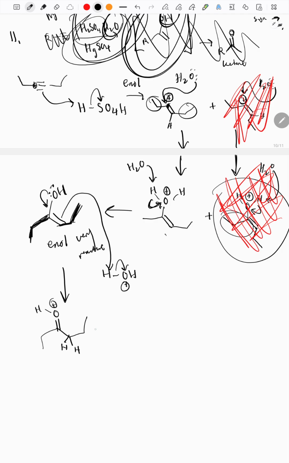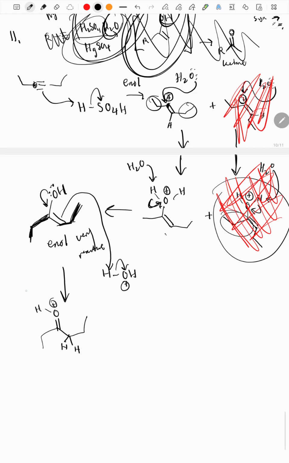Now if this looks very familiar, it should be because we are getting there. Water will deprotonate this hydrogen, dump it off, and now what we get here is, let's see, 1 2 3 4 5 6, 1 2 3 4 5 6, and 1 2 3, so we will get a ketone.